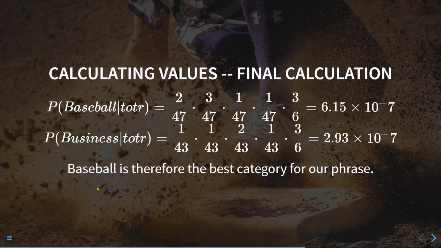And the likelihood that this is a business category given the term throughout the runner is 2.93 times 10 to the negative 7th. So the baseball term is more likely to happen than the business term. And it looks like it's about twice as likely. So the probability that's a baseball term is about 67%. The probability it's a business term about 33%. But what's important is the baseball number is larger, and therefore baseball is the best category for our phrase.